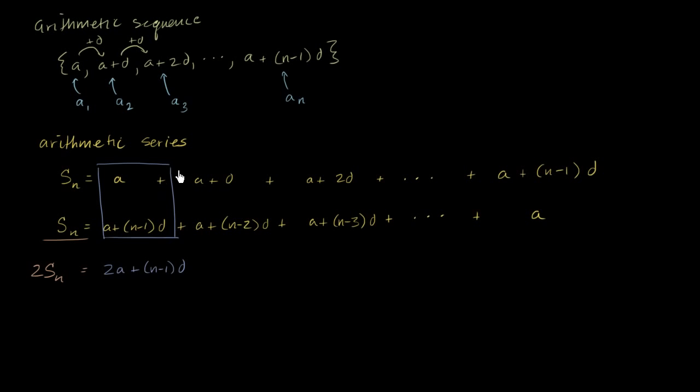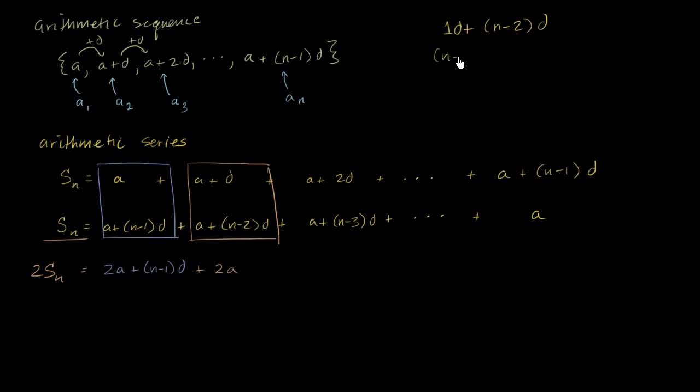Now let's add both of these second terms. So if I were to add both of these second terms, what do I get? Well, I'm going to get 2a plus 2a. And what's d plus n minus 2 times d? So you could view it several ways. So let me write this over here. What is d plus n minus 2 times d? Well, this is just the same thing as 1d plus n minus 2 times d. And so you could just add the coefficients.